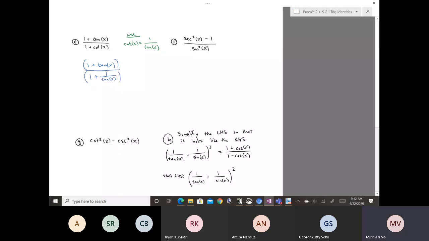I have to multiply both the top and the bottom by tangent because to keep everything equivalent, whatever you do to the numerator, you also have to do to the denominator. So I multiply the top by tangent, and I multiply the bottom by tangent. Then I have two things in the numerator and two things in the denominator, so I need to distribute.